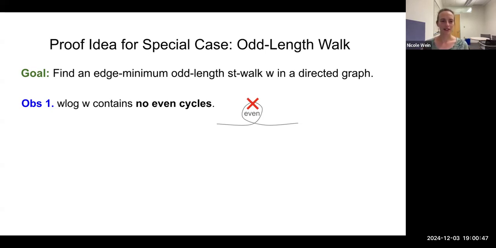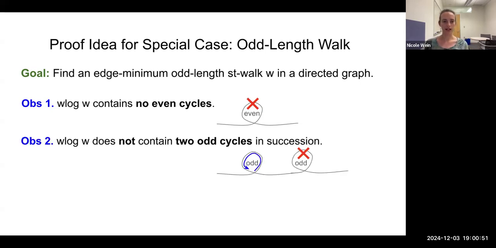Okay, let's make another observation about what our walk could look like. So the next claim is that without loss of generality, the walk does not contain two odd cycles in succession, something like this picture. And the reason it doesn't is because what I can do is go ahead and remove one of those odd cycles and instead traverse the other odd cycle one more time.